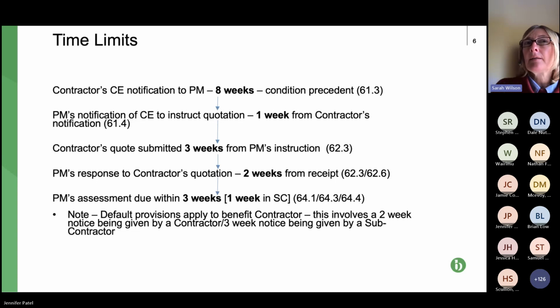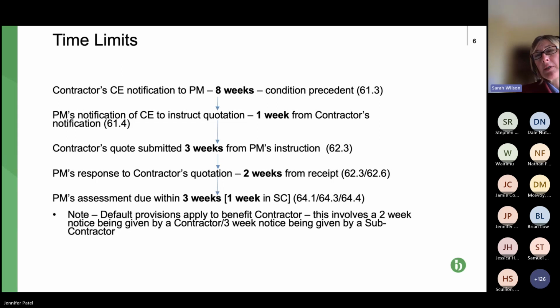If it's a CE that the contractor has to notify, it doesn't have to notify all of them, but if it's one that it does notify, it has 8 weeks to notify it, and that's 8 weeks from becoming aware of it. Bear in mind, of course, that the contractor should almost always have already issued an early warning notice. So pretty much it should be day one when something happens, early warning notice is issued, and then within 8 weeks, the CE is notified.